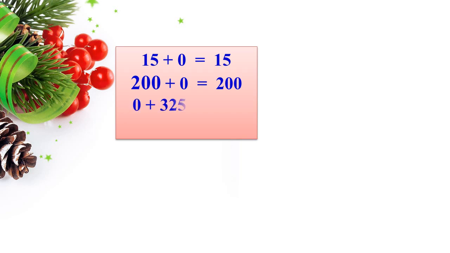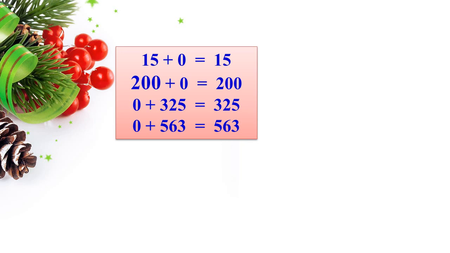Let us see some examples. 15 plus 0 equal to 15. 200 plus 0 equal to 200. 0 plus 325 equal to 325. 0 plus 563 equal to 563.